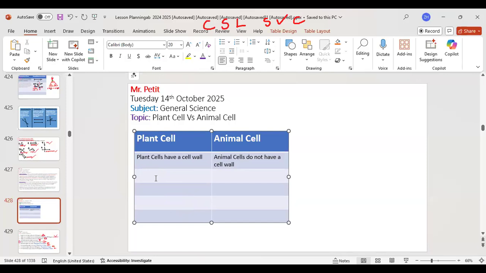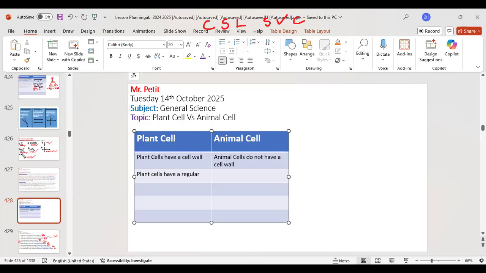Next we have the shape, right? So plant cells have a rectangular or regular shape. By the way, plant cells could be circular.